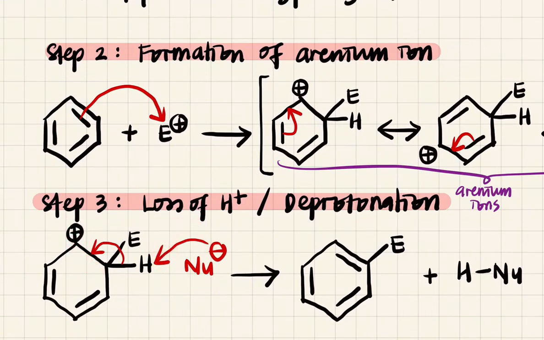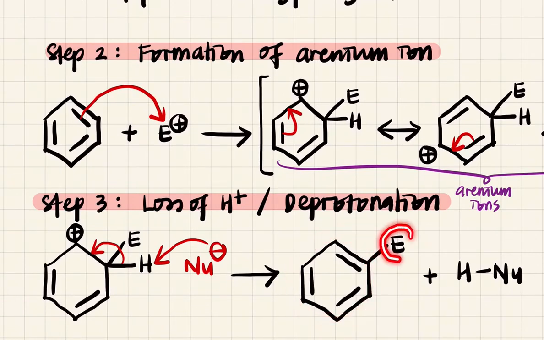So in order to remove this carbocation ion, untuk satisfy dia, kita kena letak elektron kat sini. So mana datang? Daripada ni lah kita kena deprotonate hydrogen. Deprotonate this uranium ion. And then this bond will close here. So awak dapat balik your benzene ring.